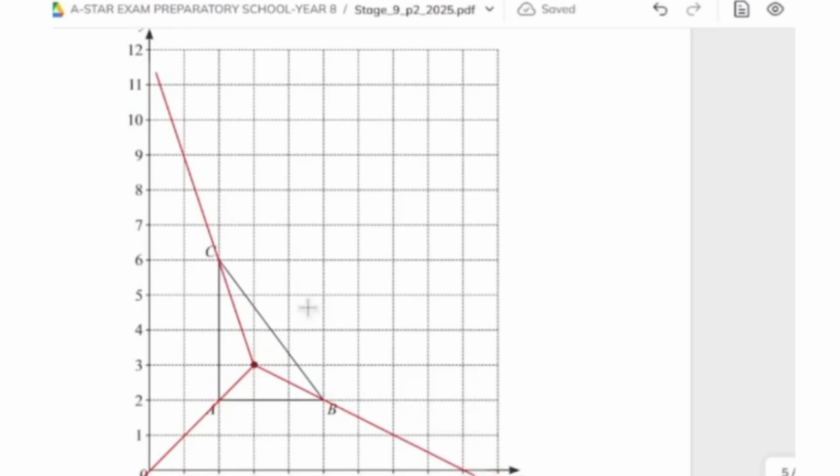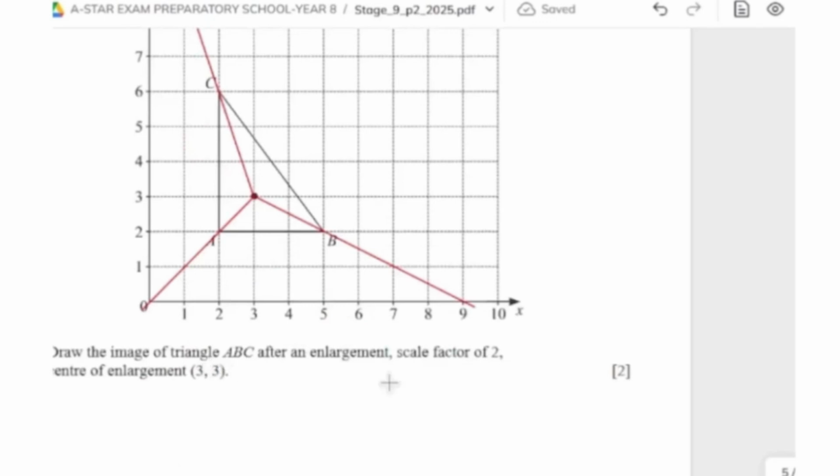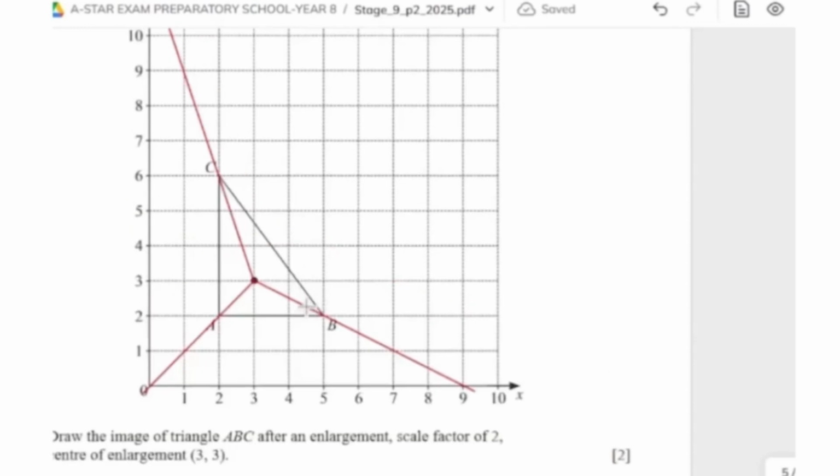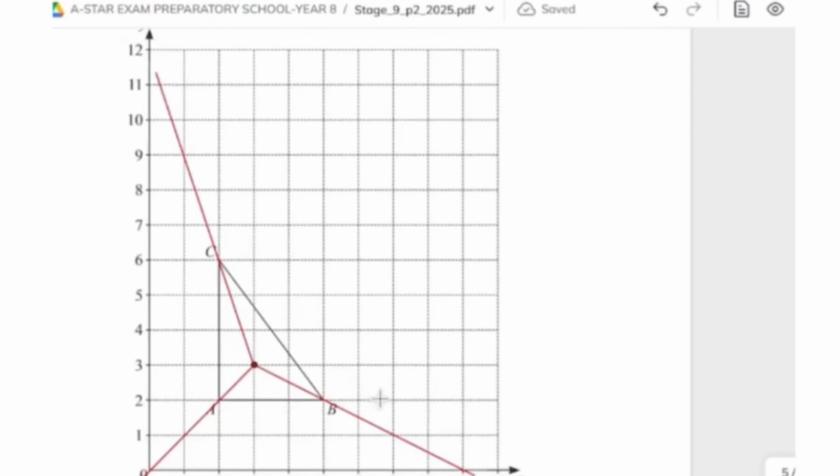We need to locate the vertices of that triangle, the large triangle. Remember, the question tells us that the scale factor is 2. So what it means is that AB, which is 3 units, 3 times 2 is 6. So the image, A prime B prime, should have a space of 6 units between them.